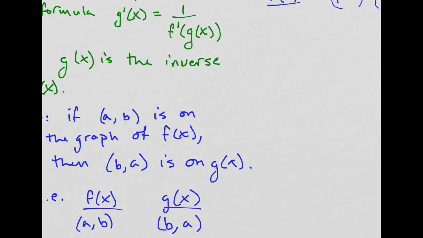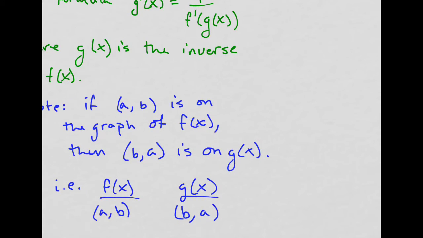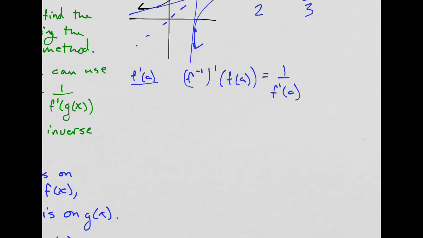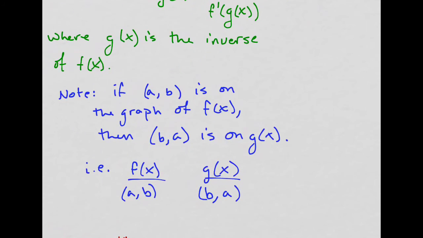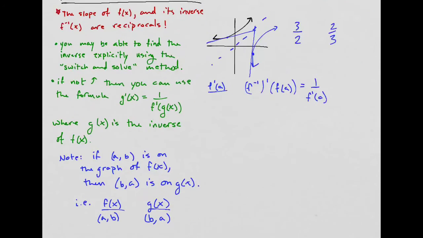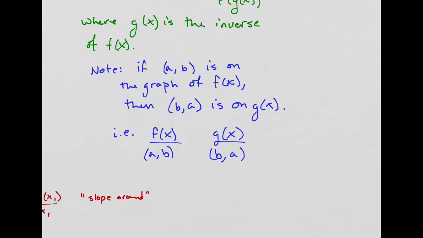If I plug a into f of x, I get b. That means on g of x, I plug in b and get a, which is what I was saying earlier, because the x and y values switch when you're thinking of inverse functions. Hopefully this is more understandable than what I said before.